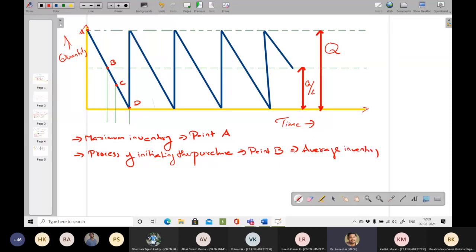Now you can see there is a point C. What is this point C? Any guess?